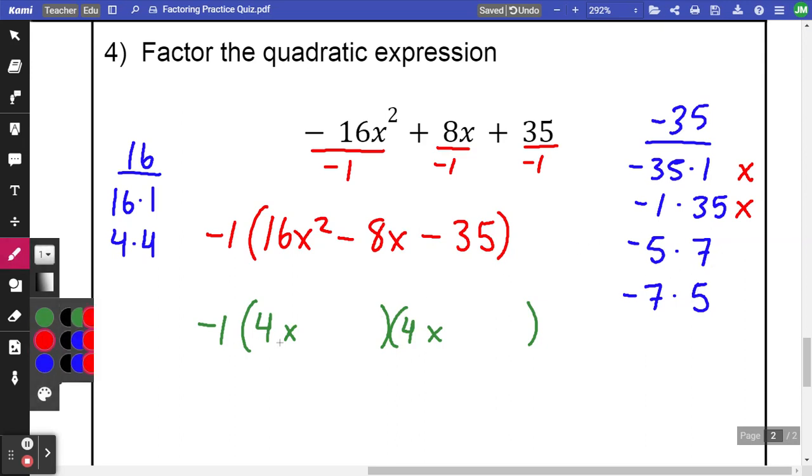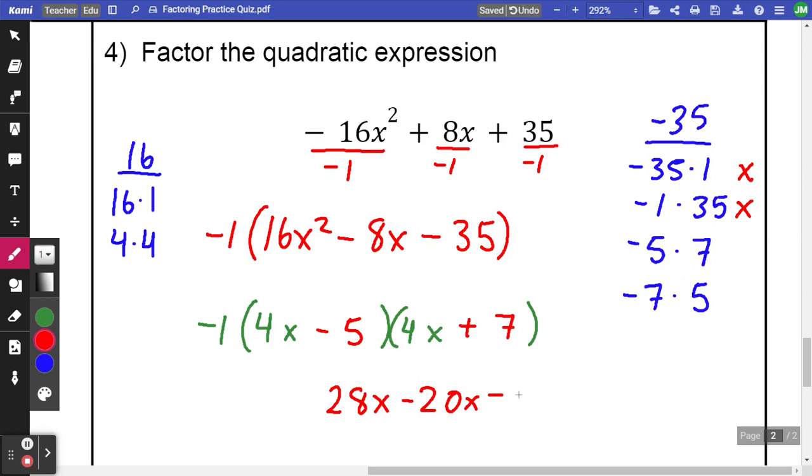So if we place a negative 5 here and the 7 here, we end up with 4x times a positive 7, which is 28x. And then the insides, negative 5 times 4x is minus 20x. And that subtracts to positive 8x, which is really close to what we want.